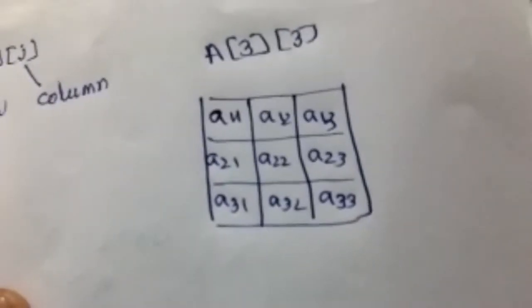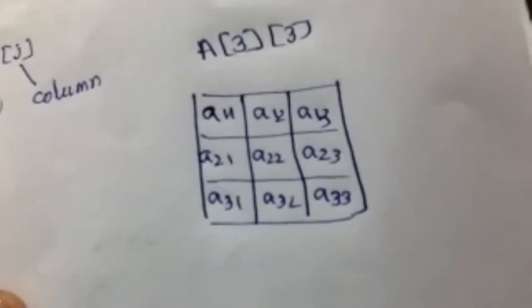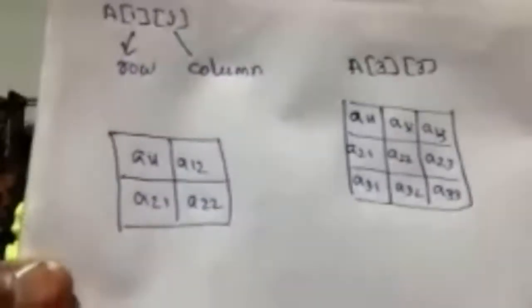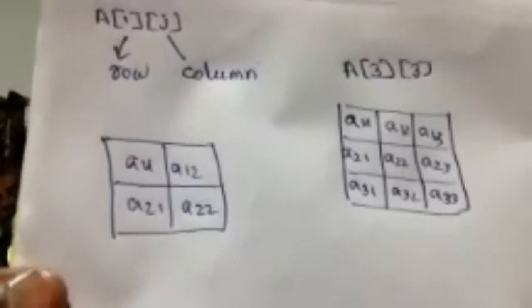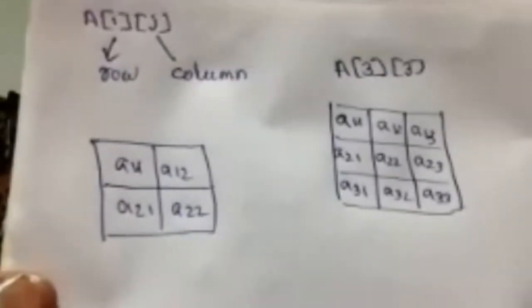Now consider only 2 by 2. This is the concept of 2 by 2. Now, how to generate this address?